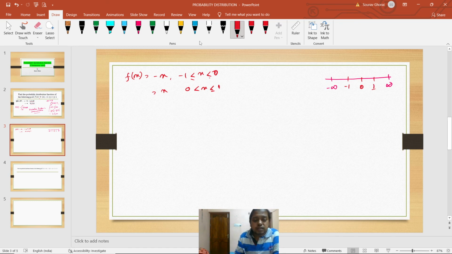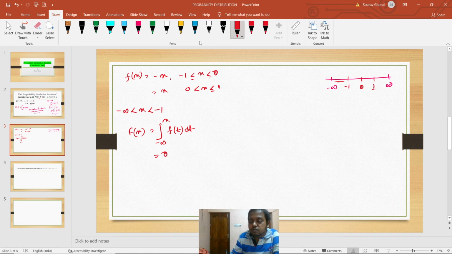Now you can see that if we consider minus infinity to x less than -1, then F of x is the integral from minus infinity to x of f of t dt. In this region the function is not defined, so we can say it is 0.